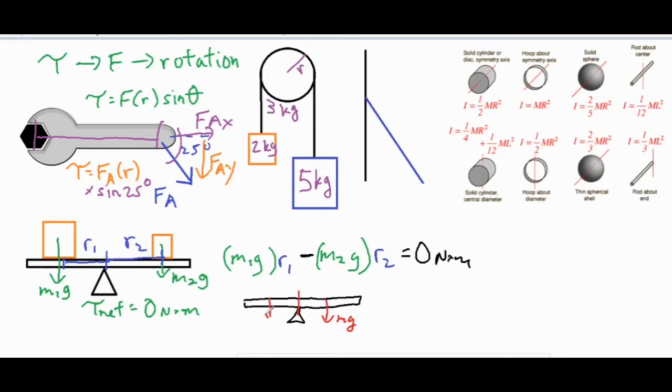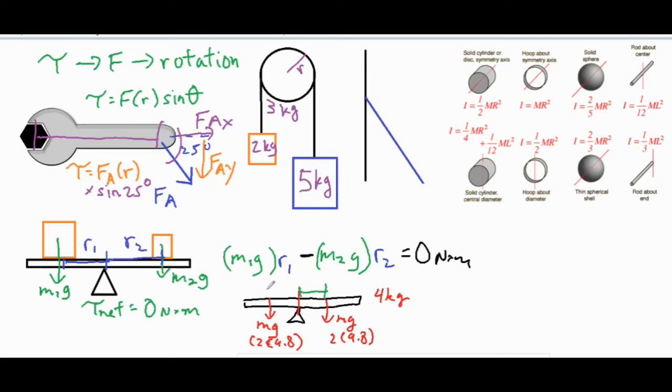Same thing with this side. You find the center of mass of this part, and it would have its own little mg. For example, if the entire plank was 4 kilograms, then this would be 2 times 9.8, and this would be 2 times 9.8 as well.